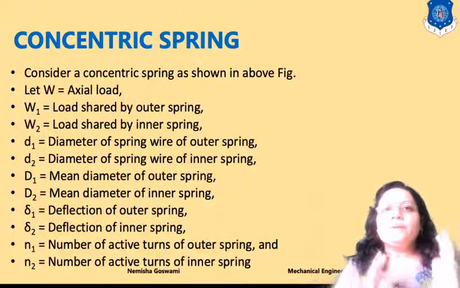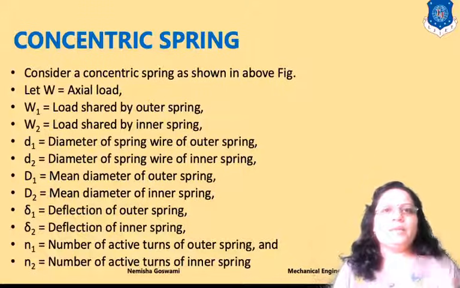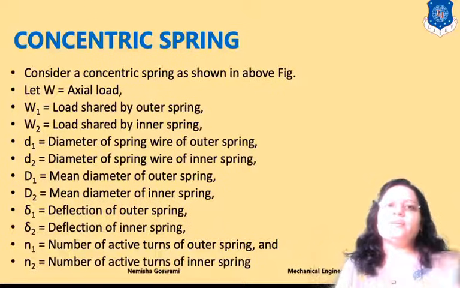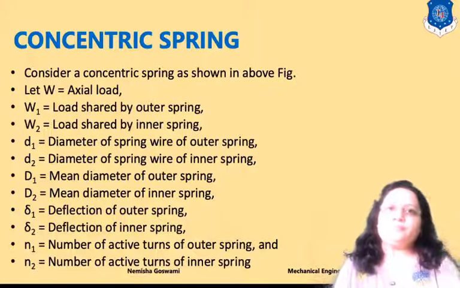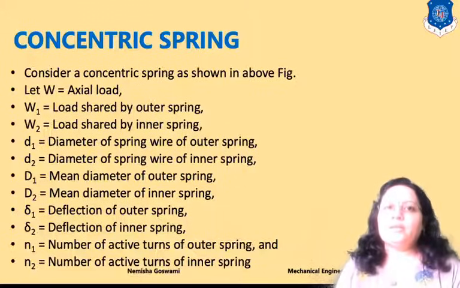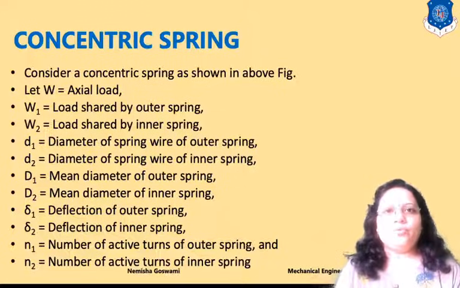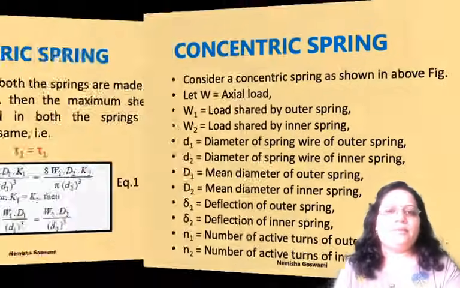Capital D is the mean diameter of a spring, so capital D1 and capital D2 are the mean diameters for the outer and inner springs respectively. Delta indicates deflection, so delta 1 is the deflection for the outer spring and delta 2 is the deflection for the inner spring. N1 and N2 are the numbers of active coils for the outer and inner springs respectively.